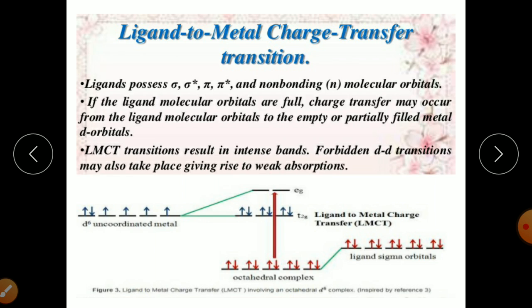It means the electron moves from filled ligand or pi donor ligands to the empty or partially filled metal d orbitals, from the ligand orbital to the higher eg energy orbital in transition metal complexes.